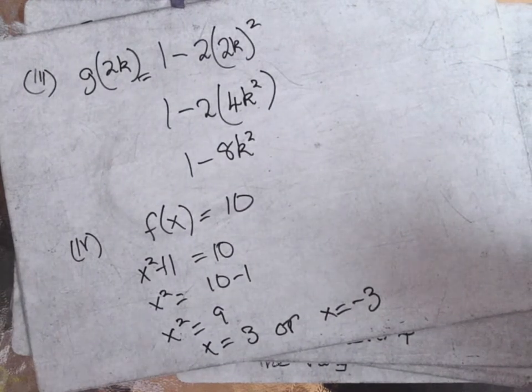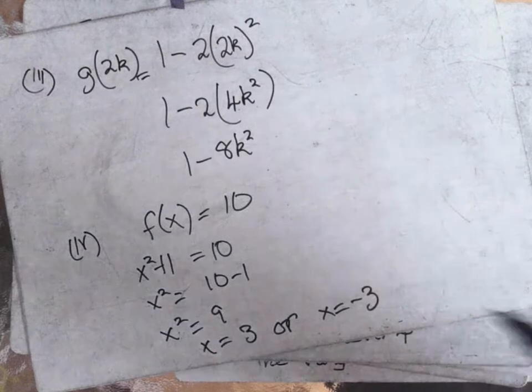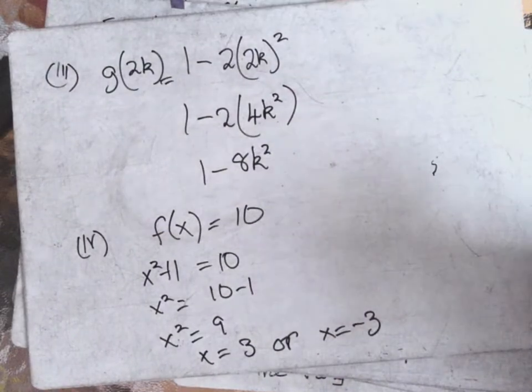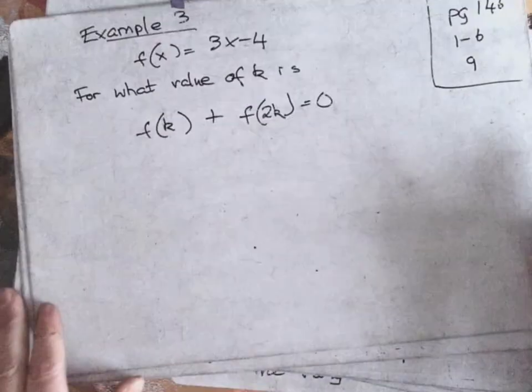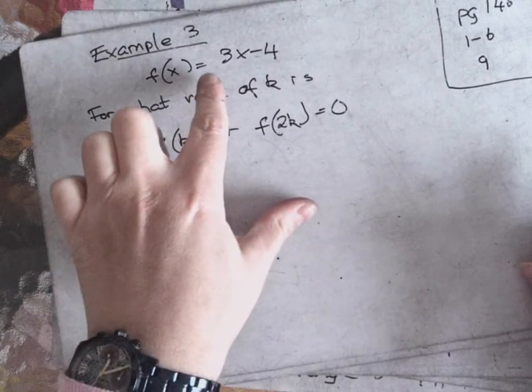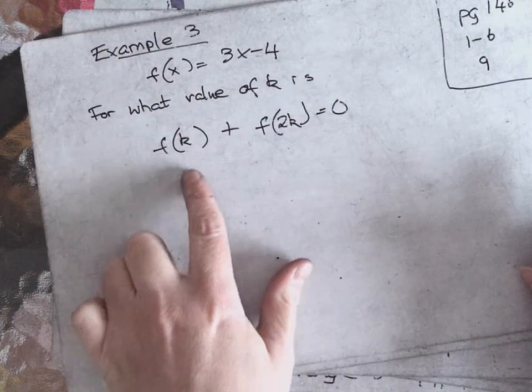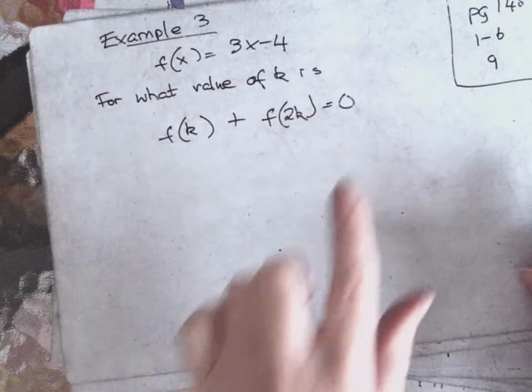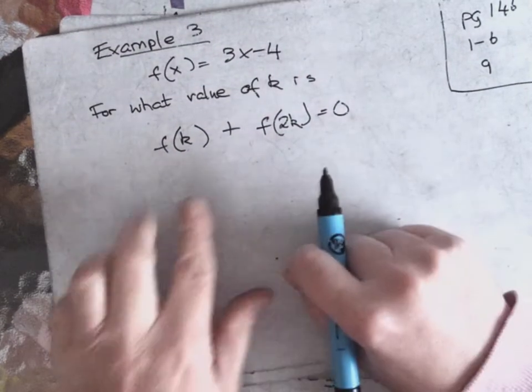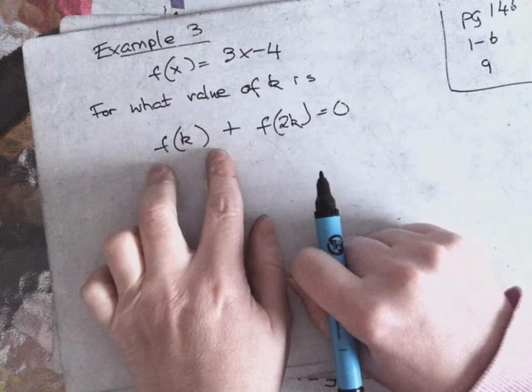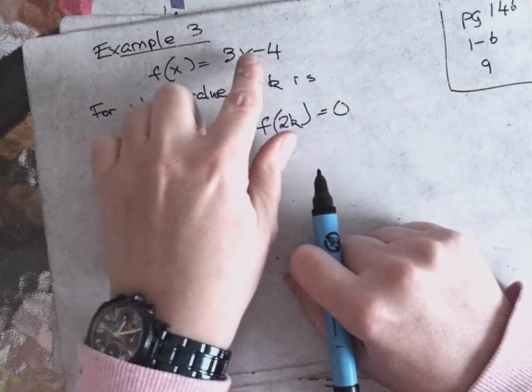Finally, example 3. You want to pause and write this down. If f of x is 3x minus 4, for what value of k is f of k plus f of 2k equals 0? The first bit is you have to do f of k. Instead of x, put in a k.